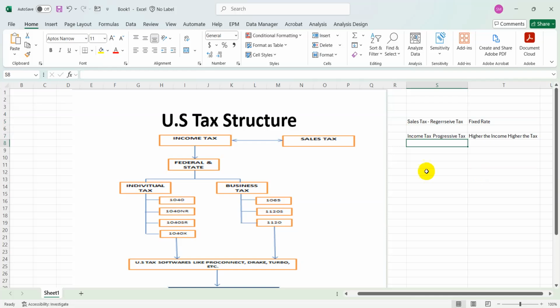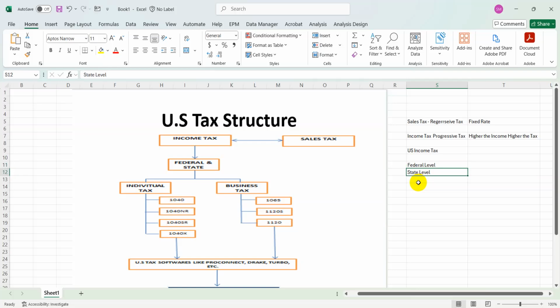Now for the US income tax, it is charged on two levels. The one is the federal level, where the government at the federal level will tax you, and another one is the state level.